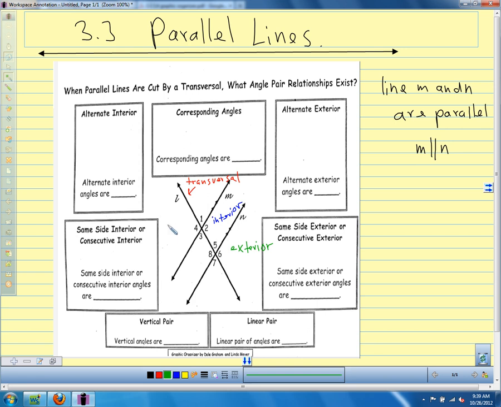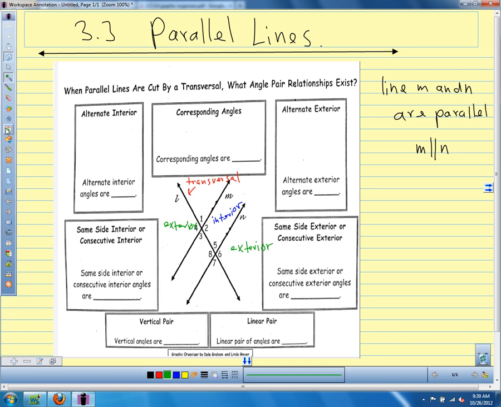And out here is the exterior. And the transversal is this one line that cuts through both of them. So this information you'll need to add to your picture. And then we're just going to start filling in the boxes.